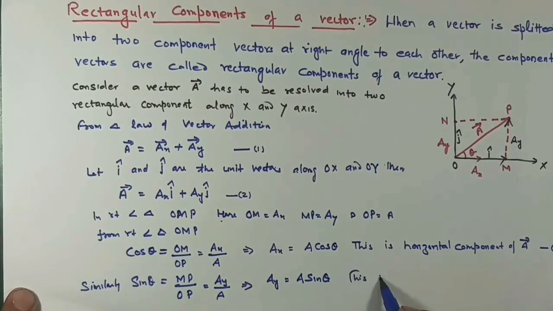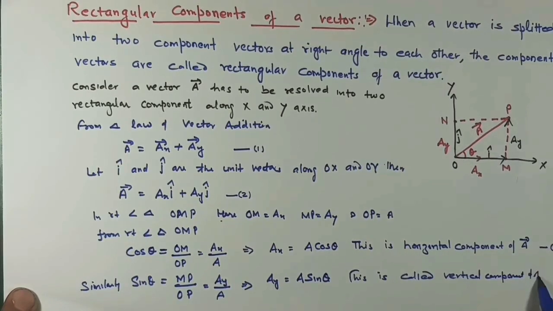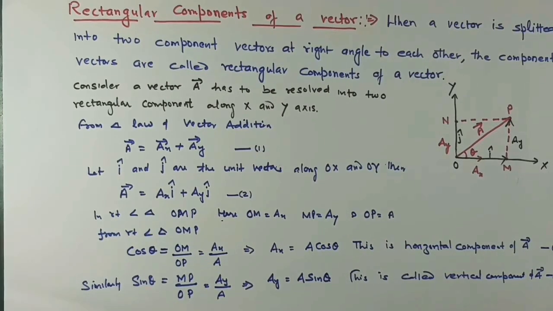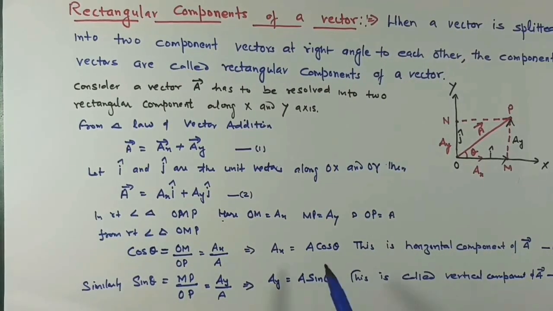This is called vertical component of A. Take it as equation number 4. So that is the exact formula for the components of a given vector that are resolved.